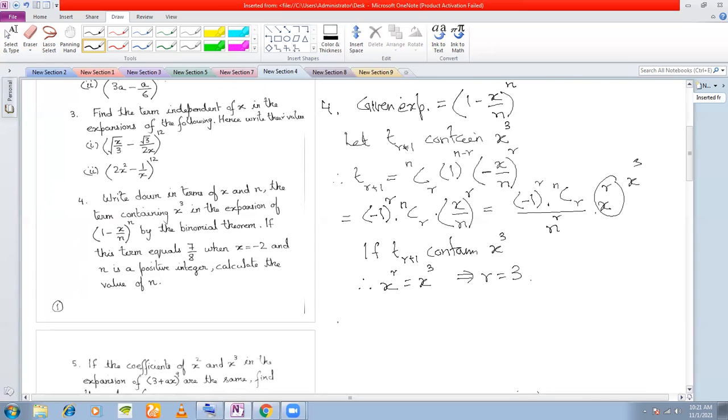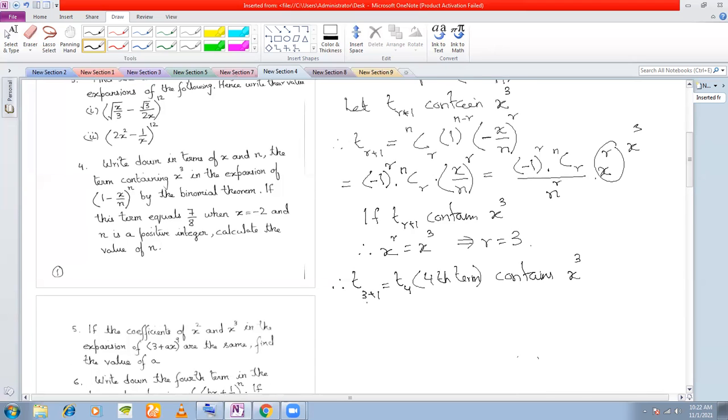So which term contains x cube? Therefore, T(3+1) is equal to T4. That is the fourth term, which contains x cube. And what is that term? Let's write down the term.